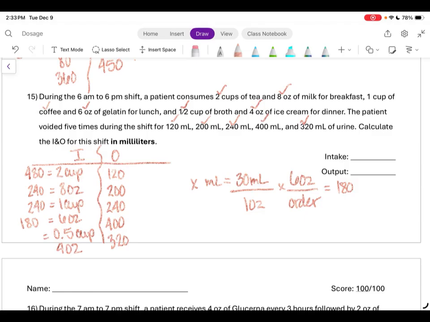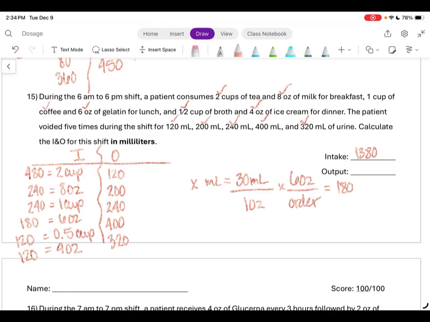So if 1 cup is 240, then half of 240 must be 120, right? And then if 8 ounces is 240, and we're looking for 4 ounces, which is half of 8, then we're doing half of 240 again, which is again 120. Okay? So now when I add up everything on my intake side, 480 plus 240 plus 240 plus 180, and then plus 120 and plus 120 again, I'm going to get 1380.